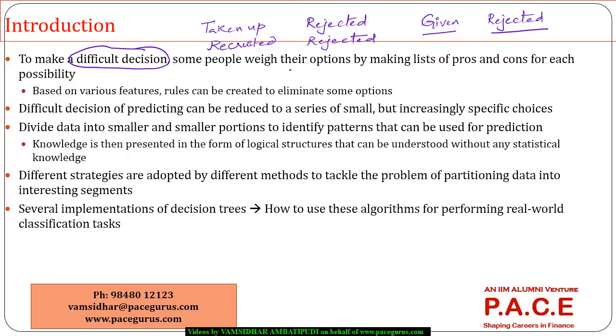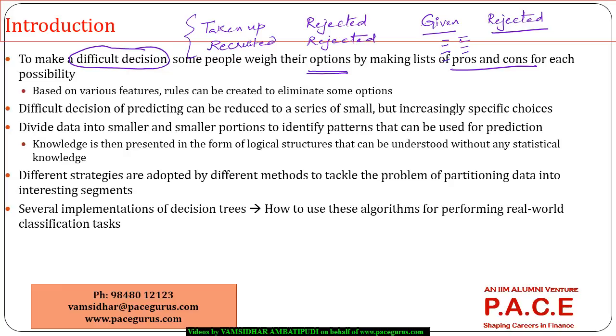In general, when I come across such a difficult decision, what option do I need to choose out of these two? I make a list of pros and cons. If I give a loan to this person, what are the positives? On what basis should I give a loan? Or what are the negatives?